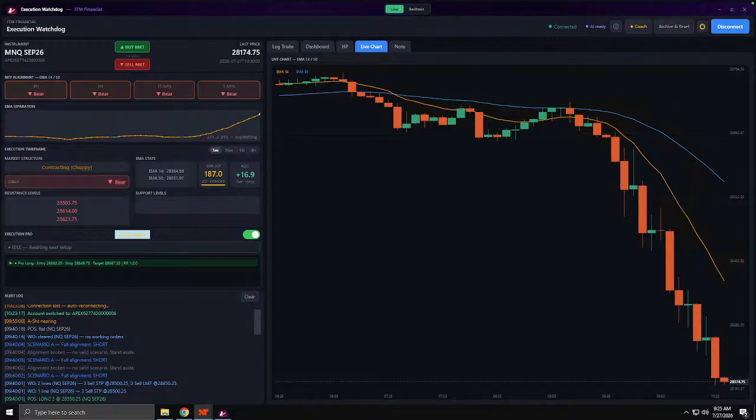We can easily touch it today. The monthly candle is completely about to engulf May.